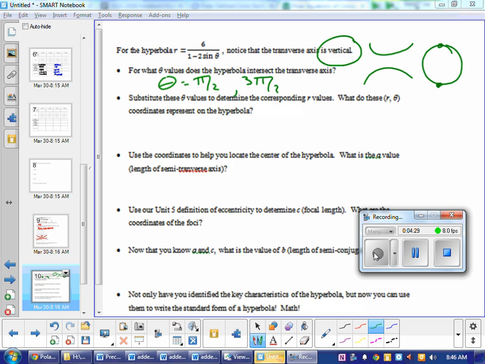So if I put pi over 2 into this equation, and I put 3 pi over 2 into the equation, for r, we get -6 and we get 2. If I put pi over 2 in for theta here, the sine value would be 1. The sine of pi over 2 is 1, times 2 is 2. 1 minus 2 is -1. 6 divided by -1 is -6.